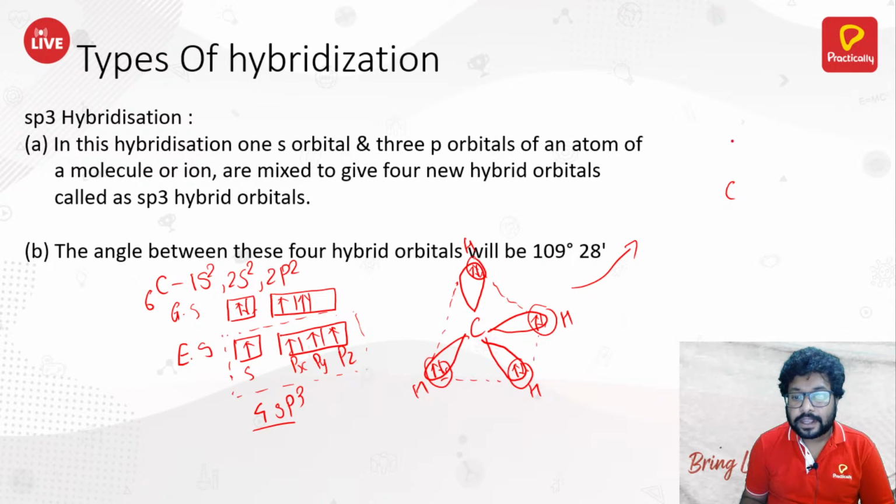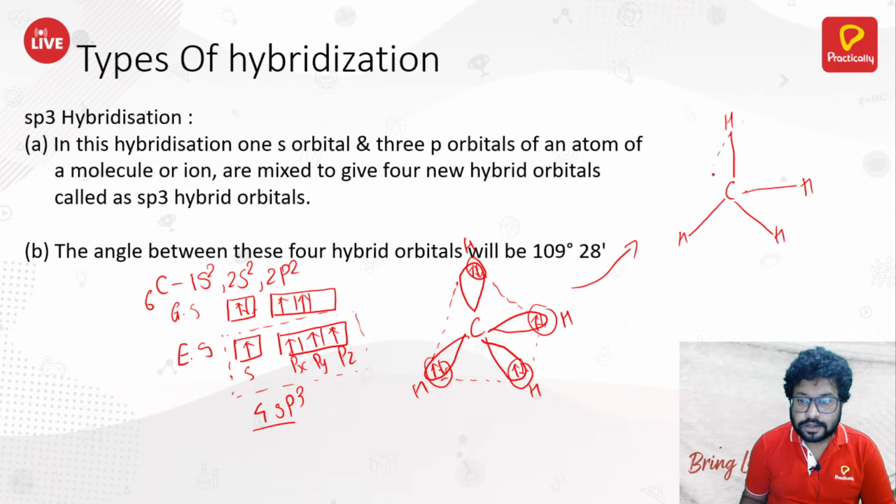Let's write it in a different way. Hydrogen, hydrogen, hydrogen. This dotted line is not a bond; I'm just outlining its shape. So that's how the sp3 hybridization is there.